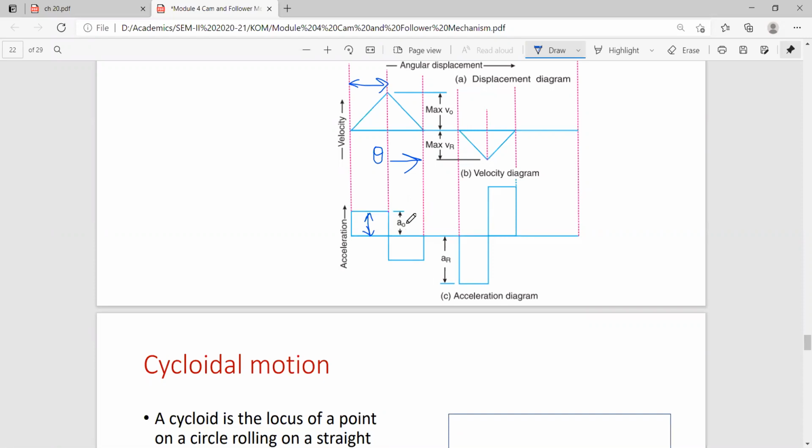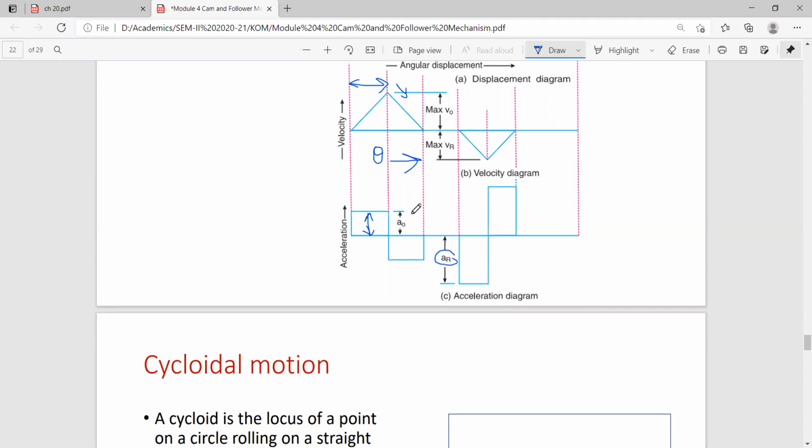This is maximum acceleration. Then on the later half, the second half of the follower, speed is reducing, means there is negative acceleration. So that's why this block is shown below the x-axis. Then during return stroke, again the acceleration is in negative direction first, and its value will be different for return stroke.